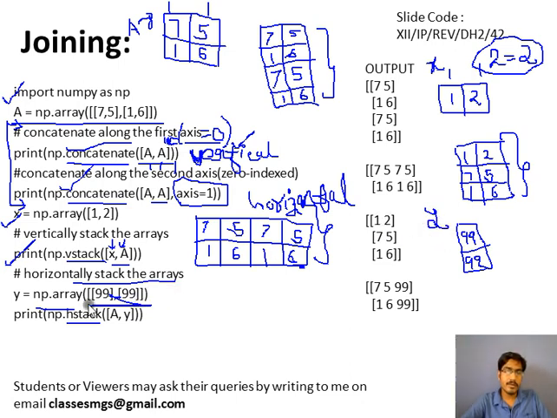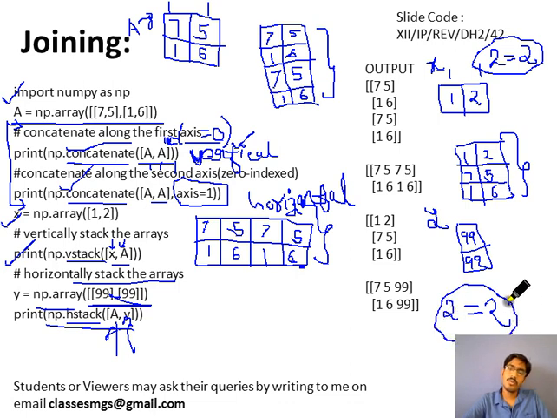Okay, now we will see this line, hstack of a comma y. If we are joining horizontally, we need to match whether the two arrays have the same number of rows or not. So A array has how many rows? 2. Y array has how many rows? 2. 2 equals to 2. So we can go ahead and join horizontally.